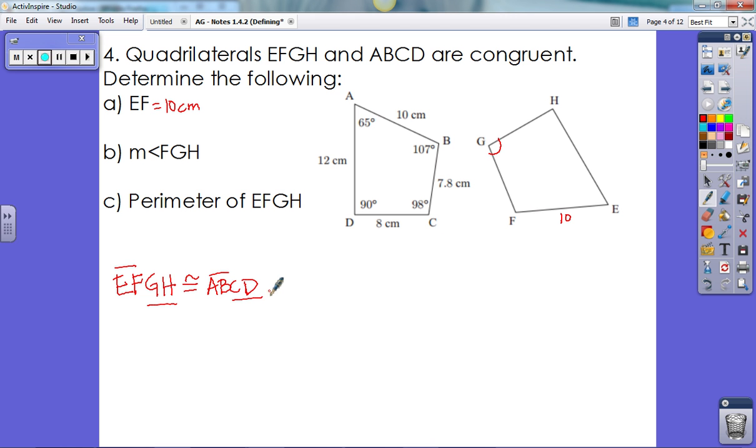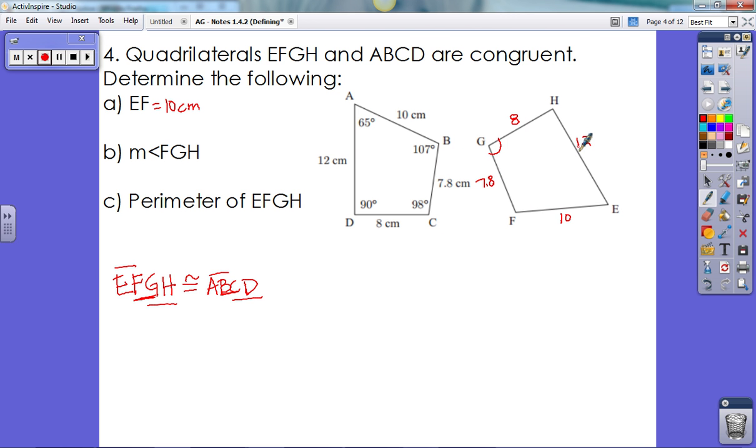GH and CD are also congruent. So CD is right here, it's 8, and GH is right here, it is also 8. Then I can look at the middle two letters, FG and BC. Those are congruent, so BC and FG is 7.8. And then this one must be 12.